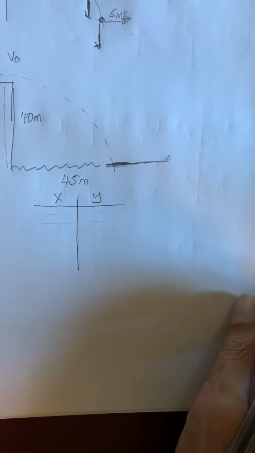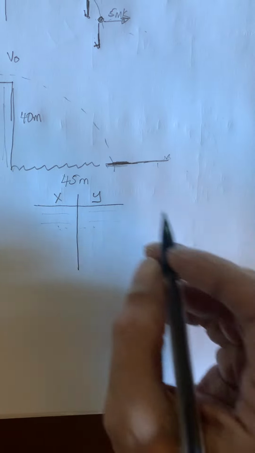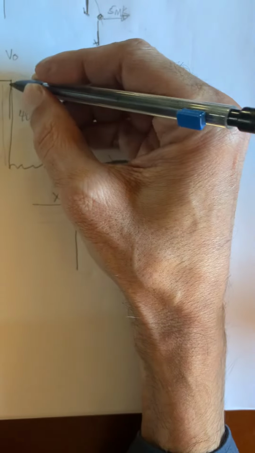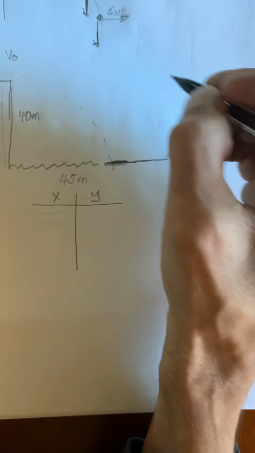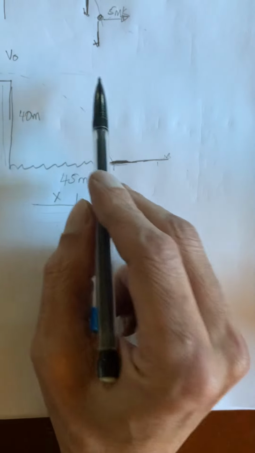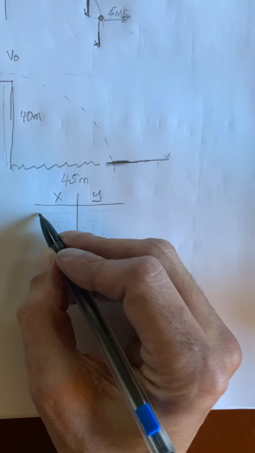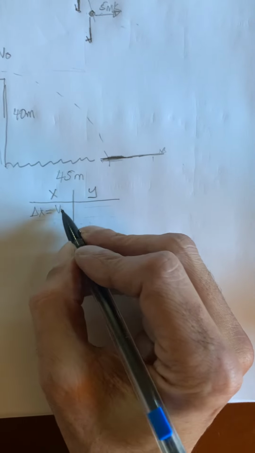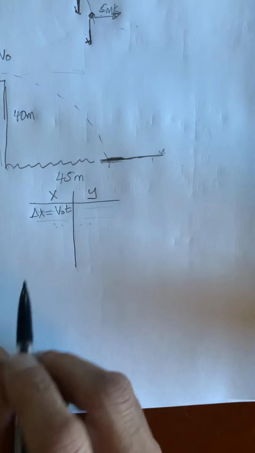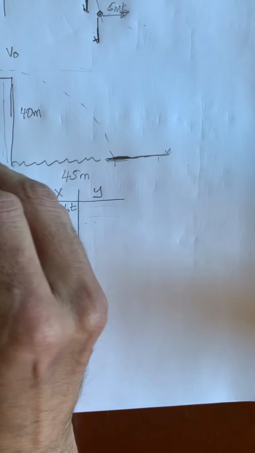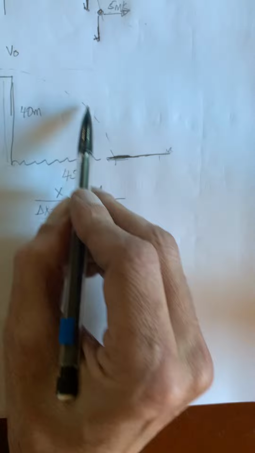When I sit down and do my physics, I say, okay, how long is this car going to be in the air? Because for how far it's going to go in the x direction, I know my delta x has to be my v naught times time. Meaning my delta x has to be my velocity times the time that it's in the air.